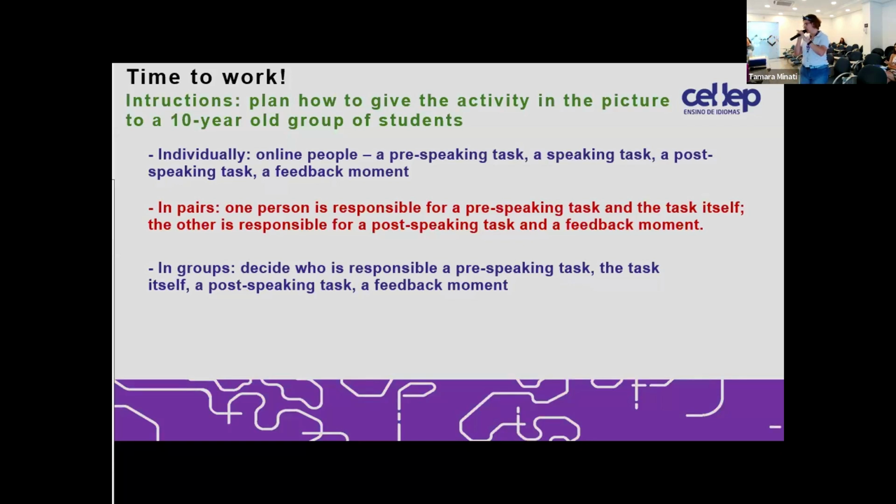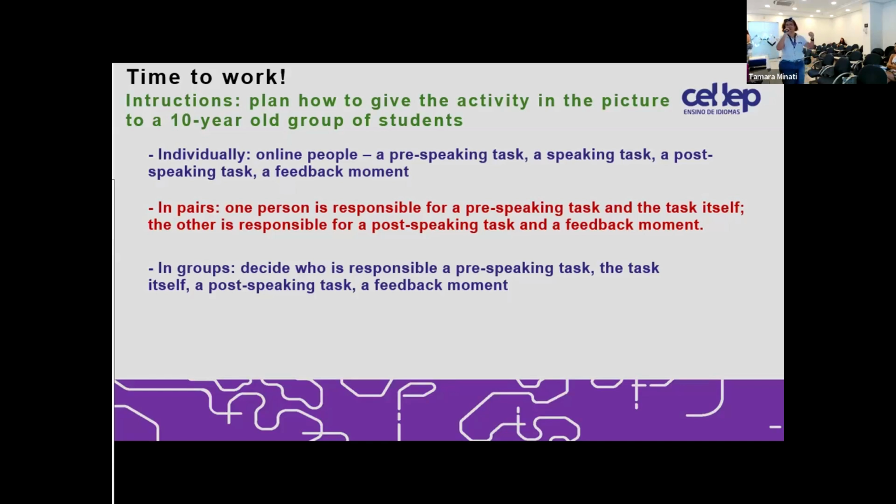No one else? Good. You had some interesting ideas about the activities. We had different moments for different ideas for feedback. We had different ideas for the pre-task activity.